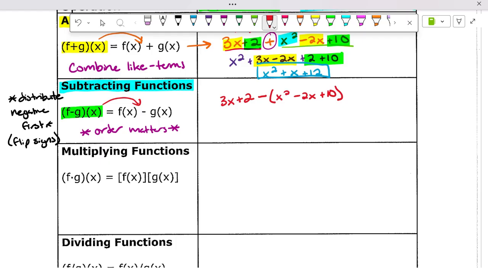So again, I put the second function in parentheses, because remember, all of this is g of x. And the negative is applied to all of g of x. All right, so the parentheses remind me of that fact.